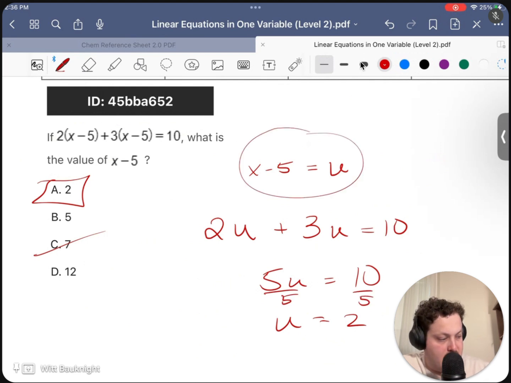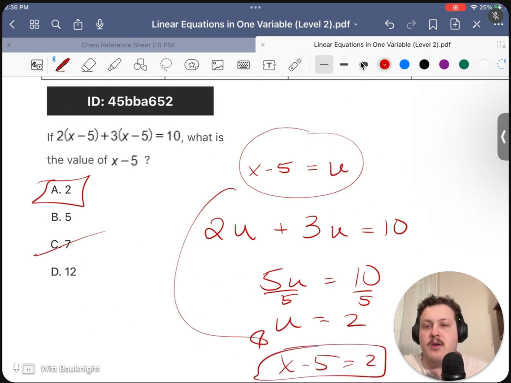And since of that, x minus 5 equals 2. That would have been another way of getting to the same answer. Totally fine. If you eyeball it, great. But I was ready with my calculator to go, so that worked.